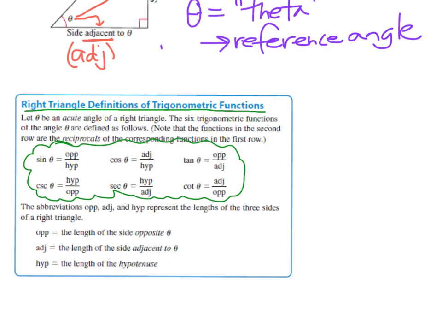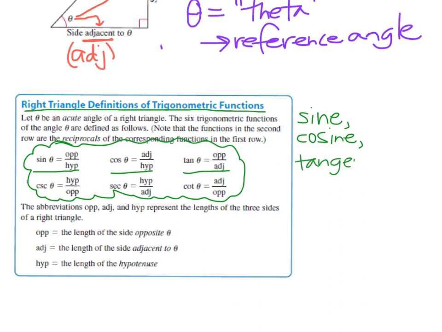Notice the first one says sine theta equals opposite over hypotenuse. Sine is the trig term, and opposite and hypotenuse are the fraction comparison of the two side lengths. COS is known as cosine, TAN is known as tangent, and SIN is sine.